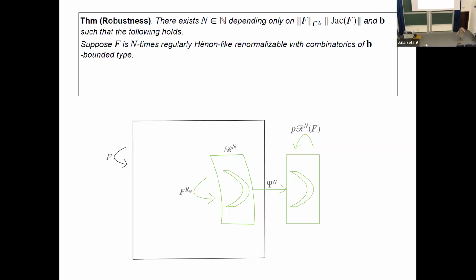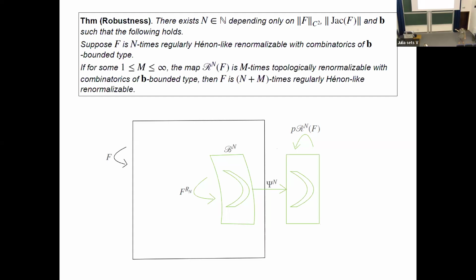Okay, so you can determine this capital N, how far you have to go in, and if you have regularity all the way up to that depth, then any further returns, starting from this depth, will be guaranteed to be Hénon-like with uniform regularity. Okay? So this is the robustness of the regularity and the Hénon-like condition that we need in order to get the convergence that we want.